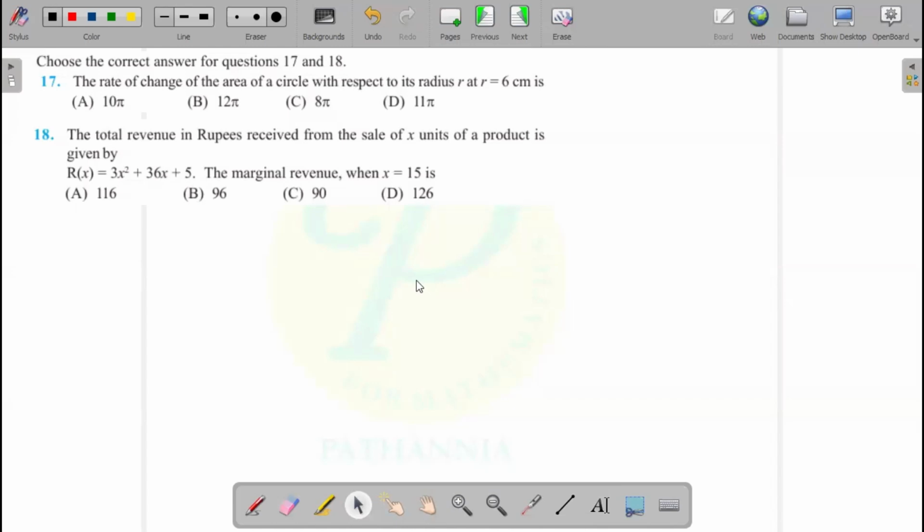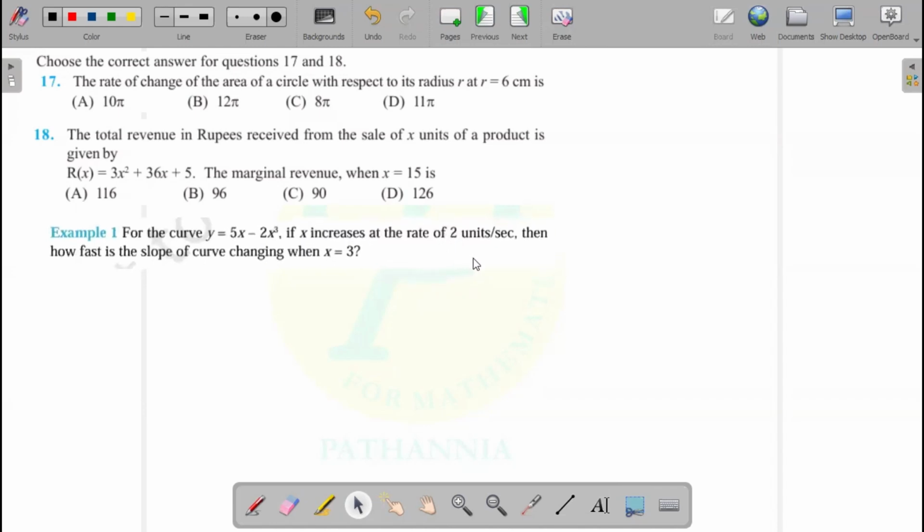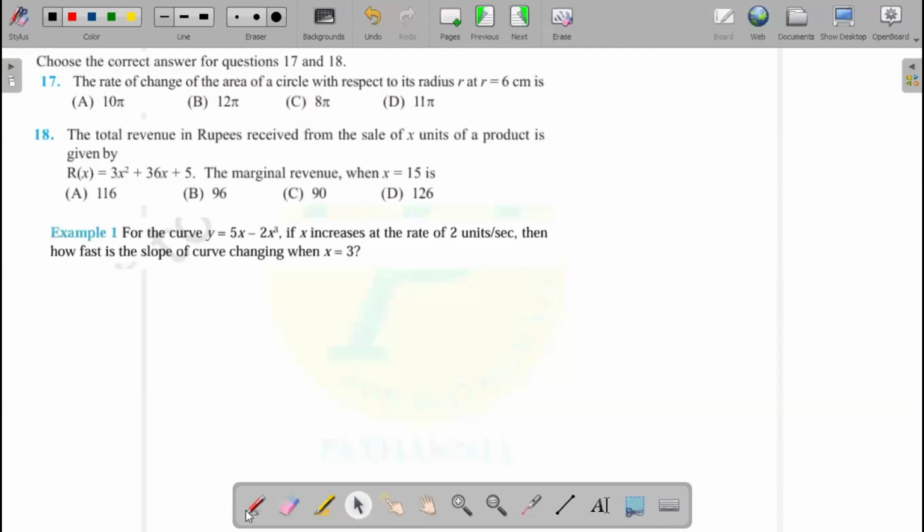Now the question from your NCERT exemplar. The question is from your NCERT exemplar. Curve is given to you. The x is increasing at the rate of 2 unit per second.